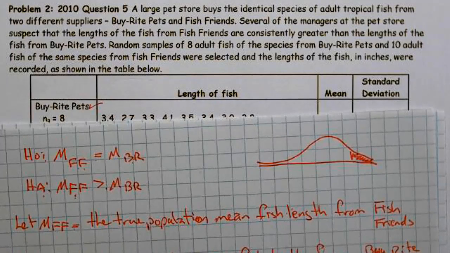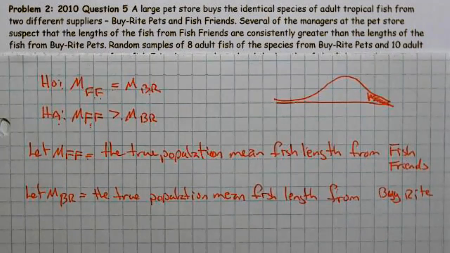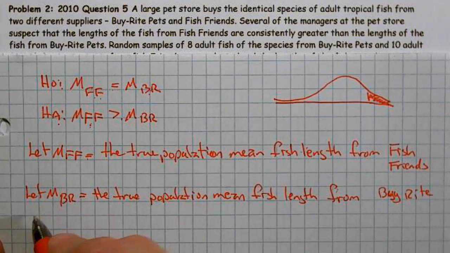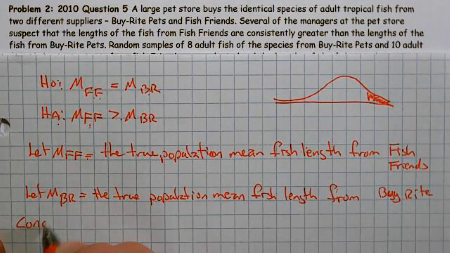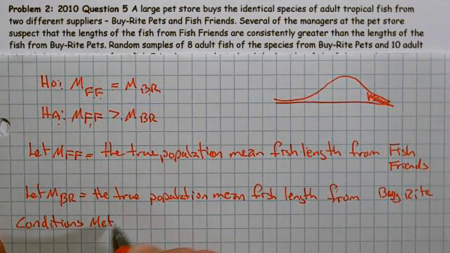Okay. So now that I've defined it, I need to do my conditions for our class. We're going to say they're met. So that's what we usually do, or that's what we're always going to do. We're going to need to write down our formula.